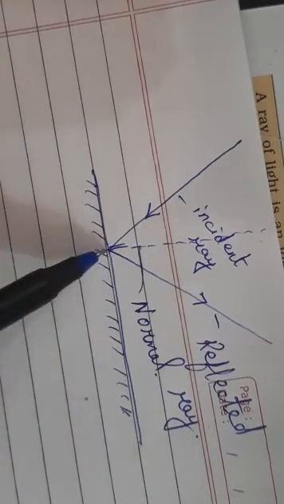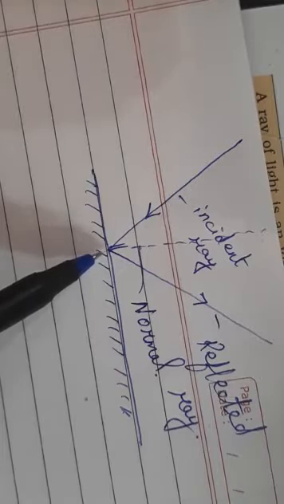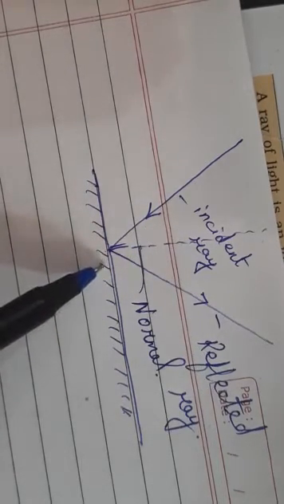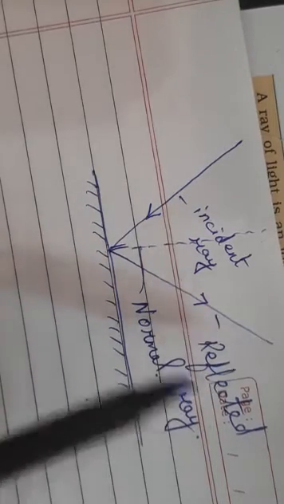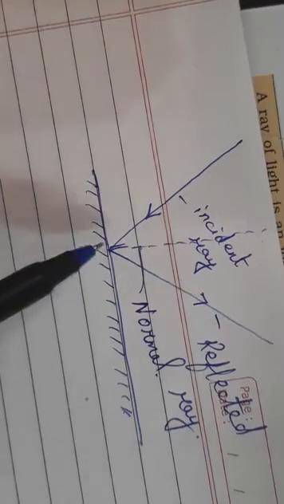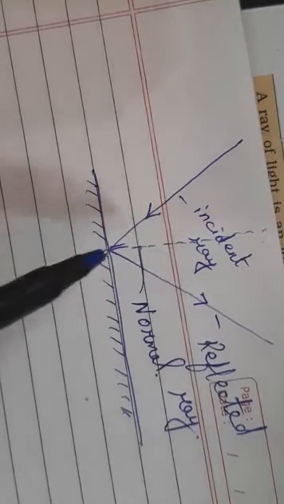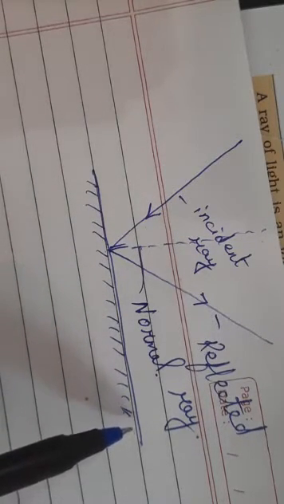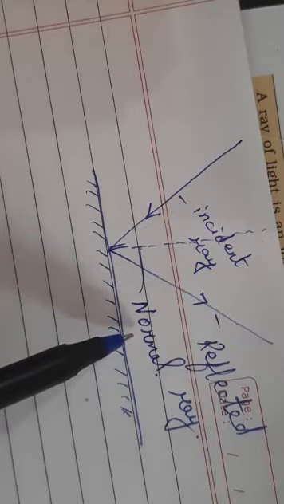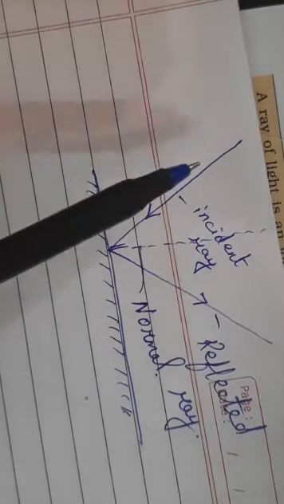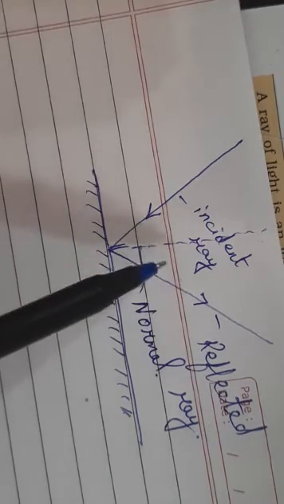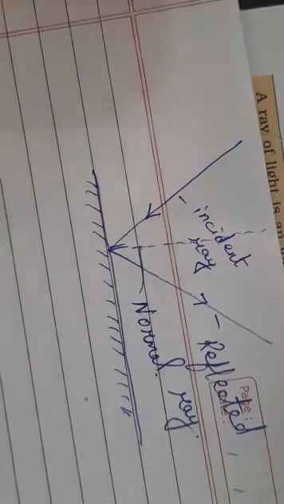First, the incident ray which comes and strikes the mirror. Then the ray which bounces back after hitting the surface, called the reflected ray. And a line drawn perpendicular to the mirror is called the normal. We will study these three in detail.